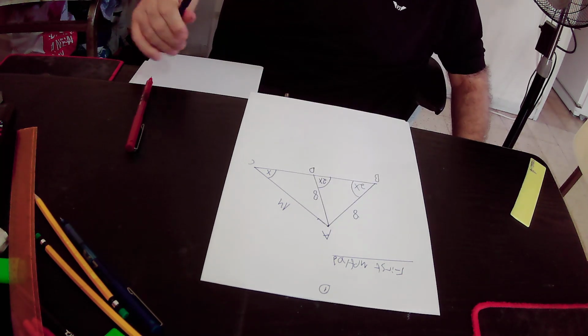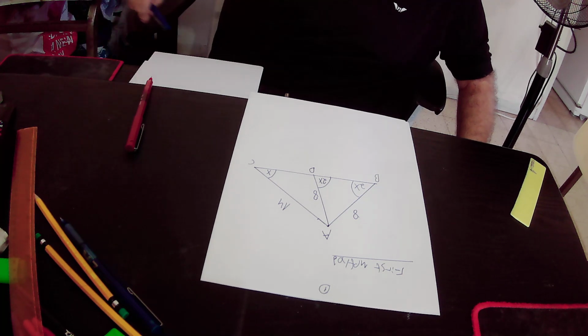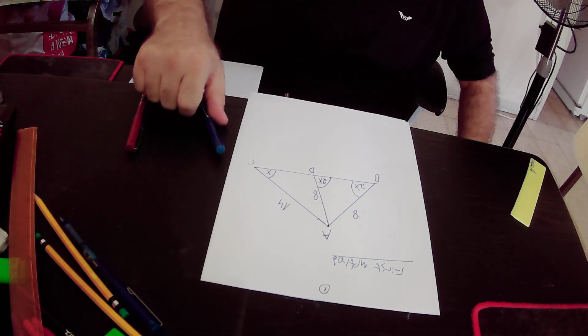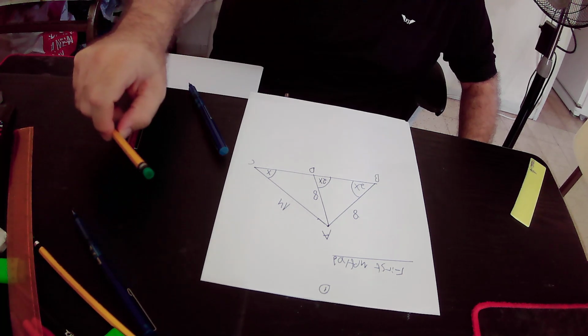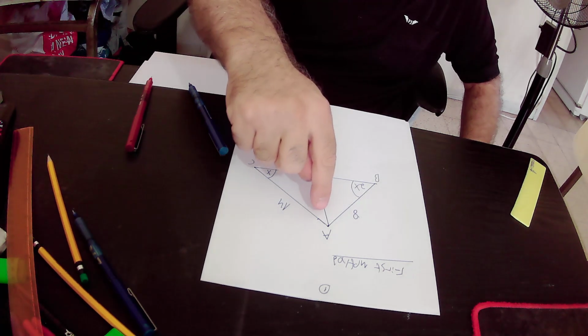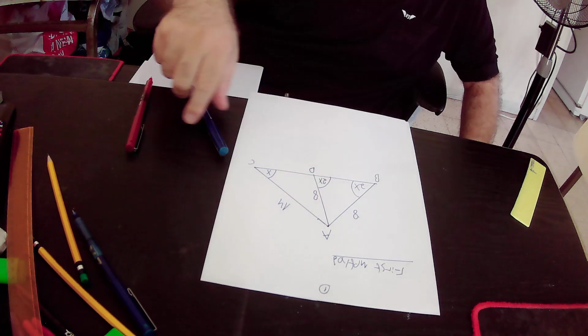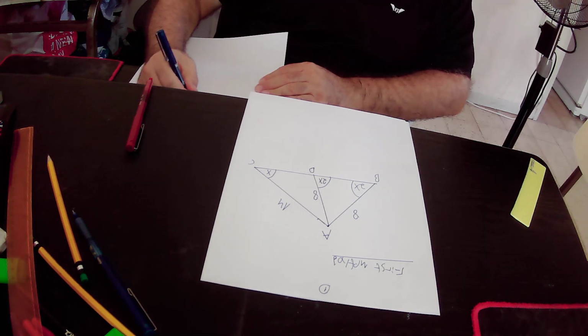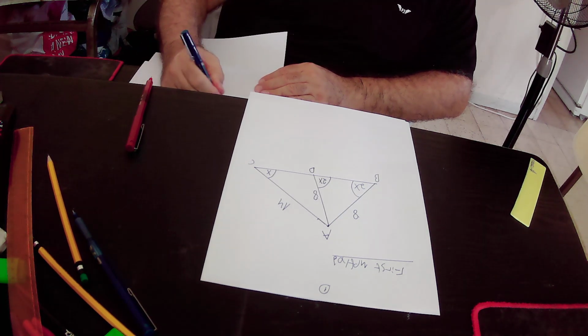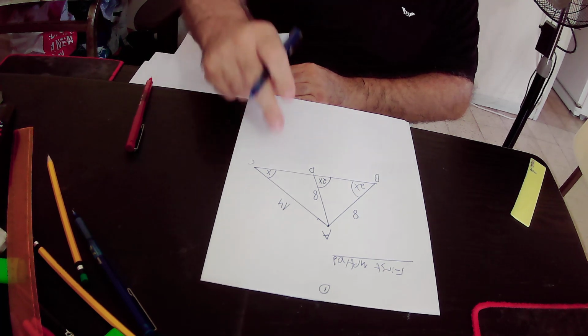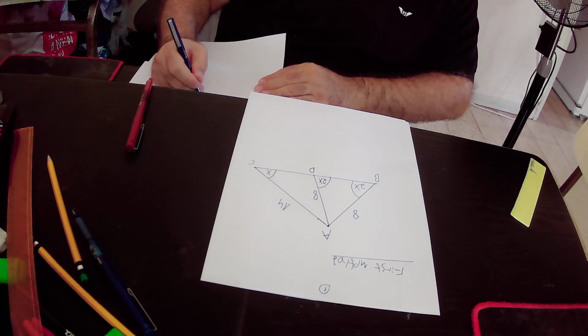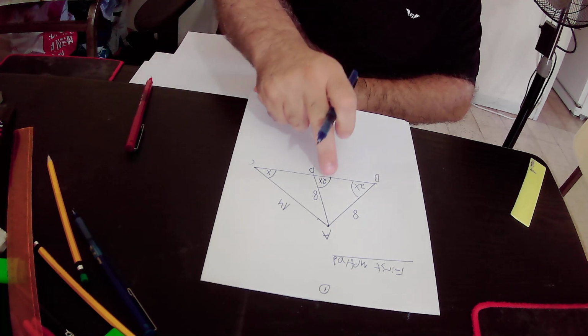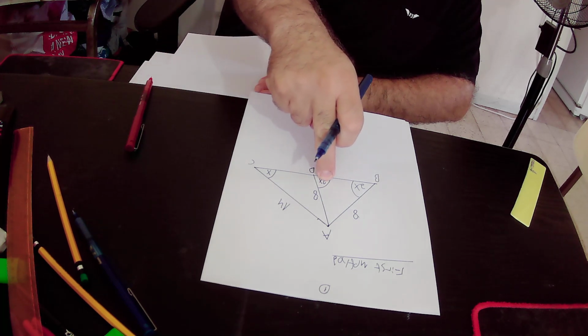If this angle is angle DAC, then angle DAC plus angle x must be equal to the exterior angle, angle ADB, that is actually 2x.